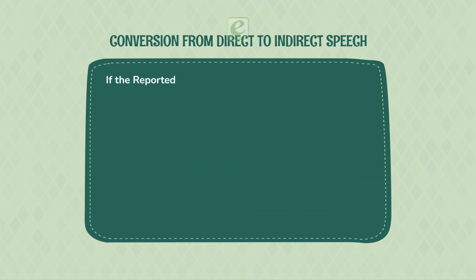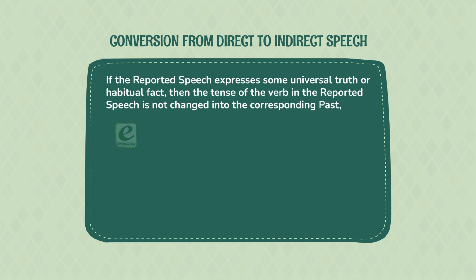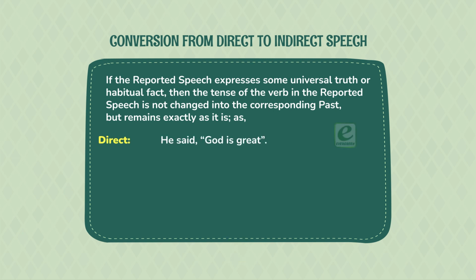If the reported speech expresses some universal truth or habitual fact, then the tense of the verb in the reported speech is not changed into the corresponding past, but remains exactly as it is, as direct, he said, "God is great."